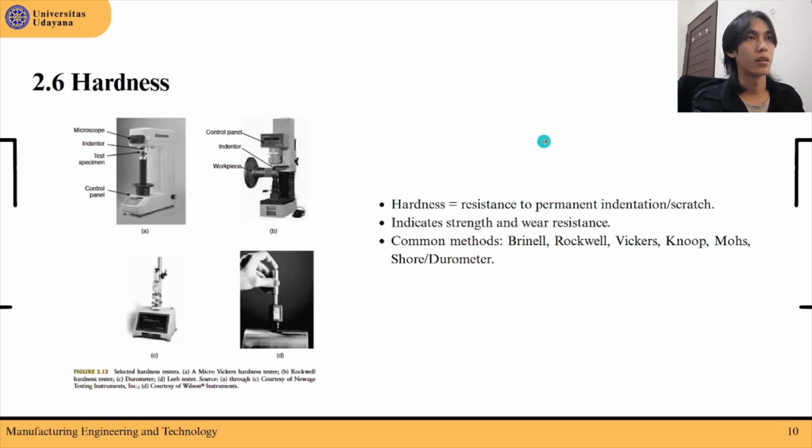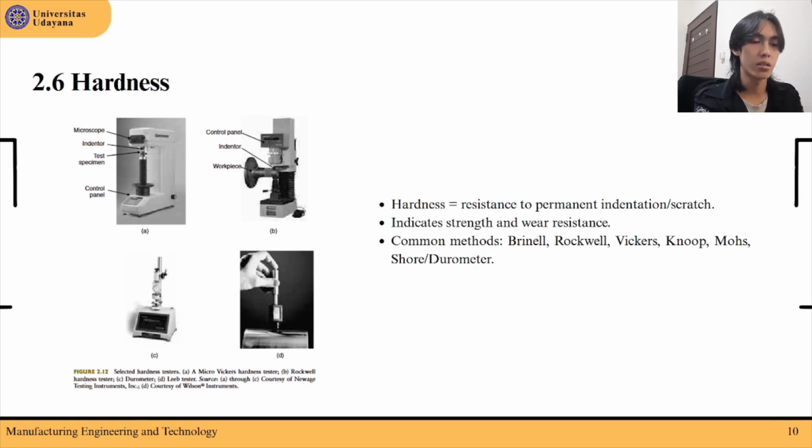Okay, in this slide we have hardness test. Hardness is the resistance to indentation or scratching. It indicates strength and wear resistance. Common hardness tests include Brinell, Rockwell, Vickers, Knoop, Mohs, and Shore.